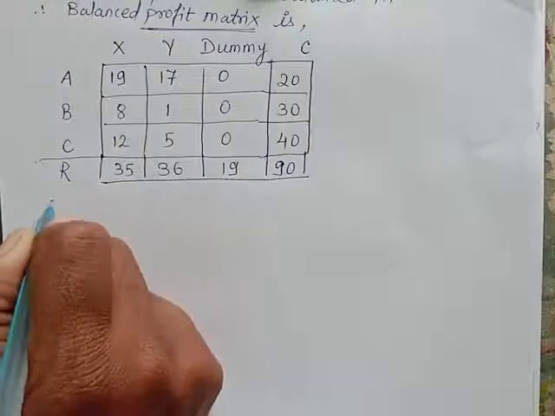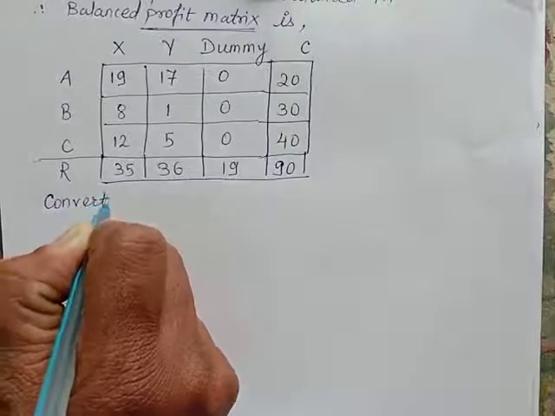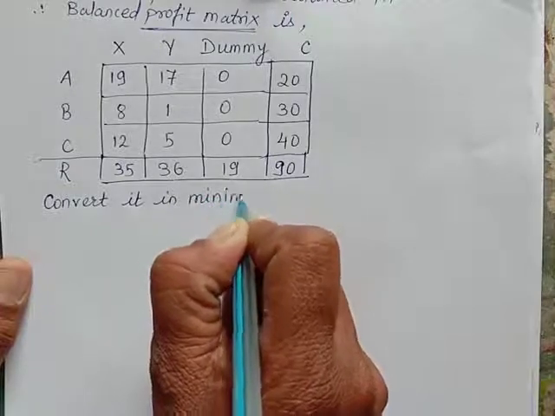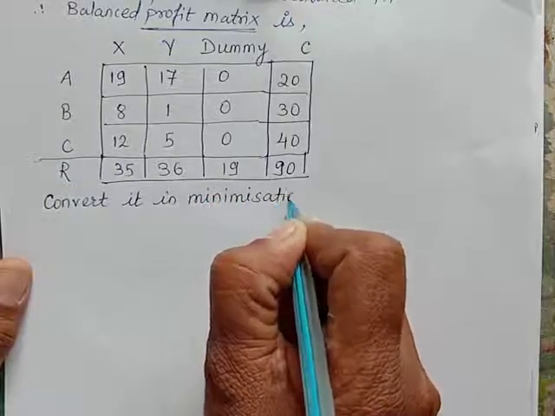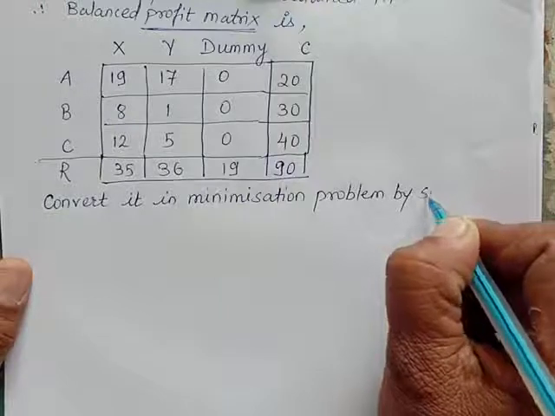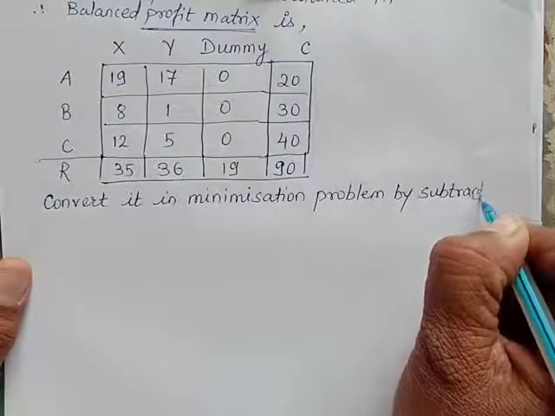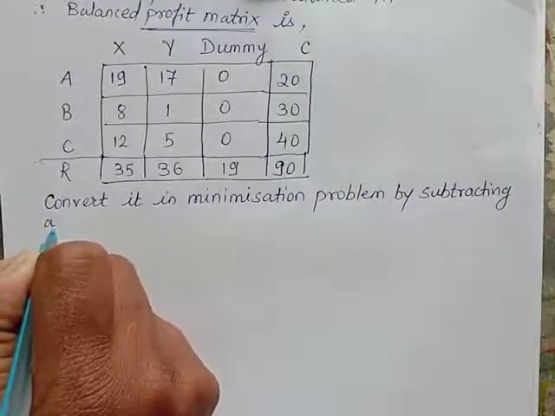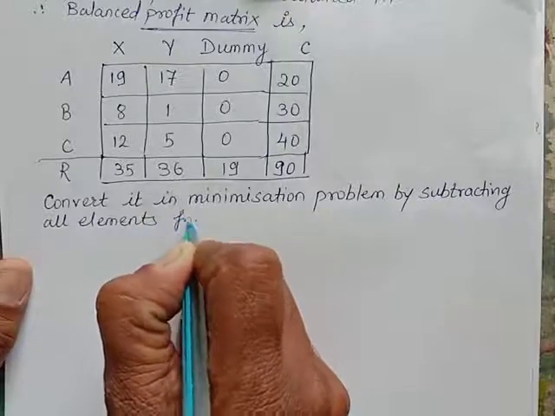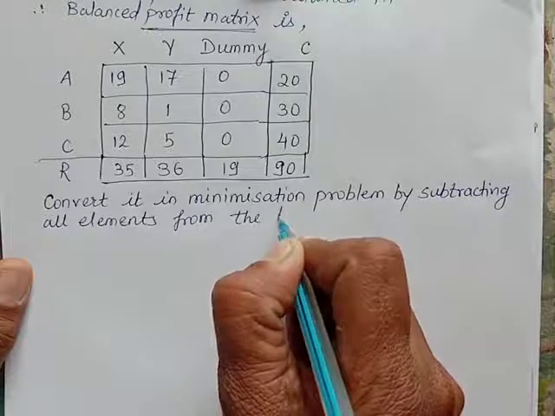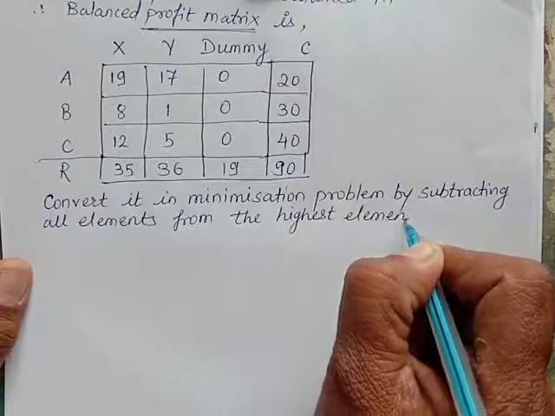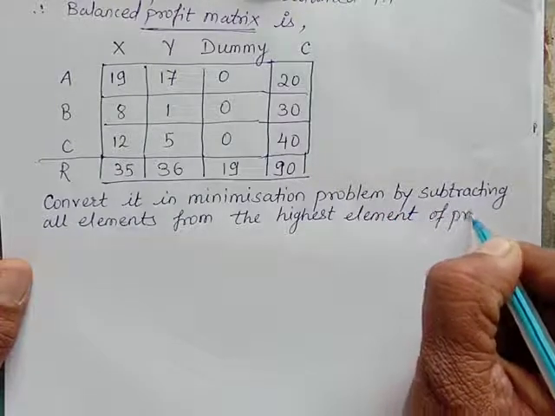So let me write: convert it into a minimization problem by subtracting all elements from the highest element of the profit matrix.